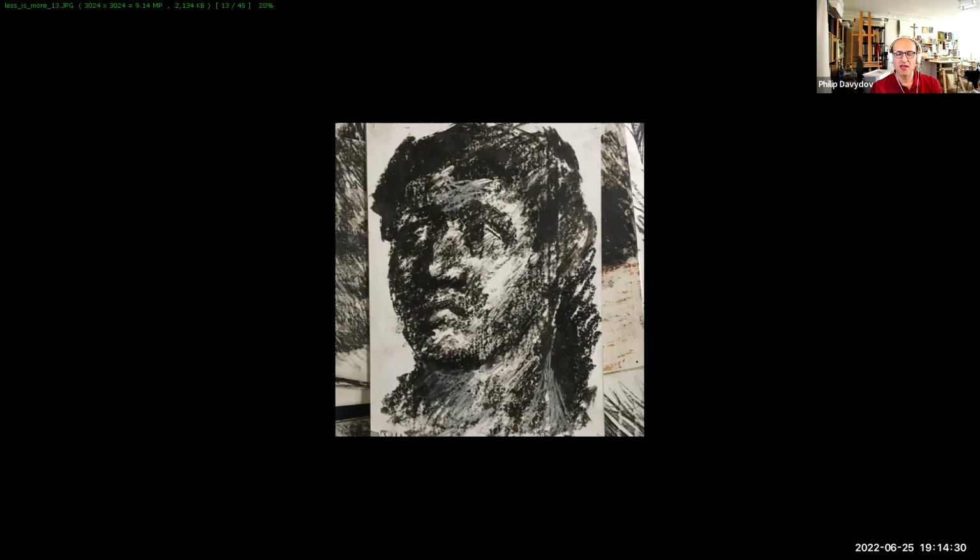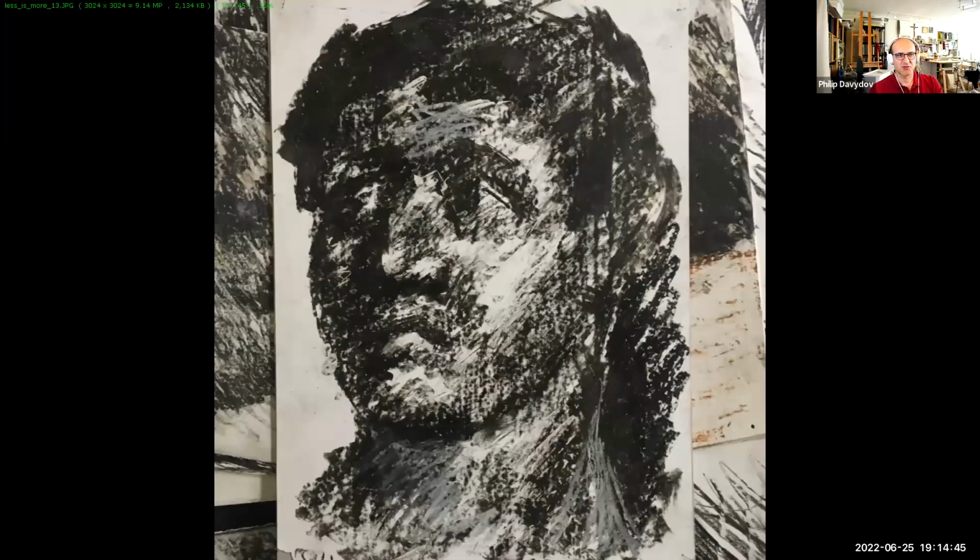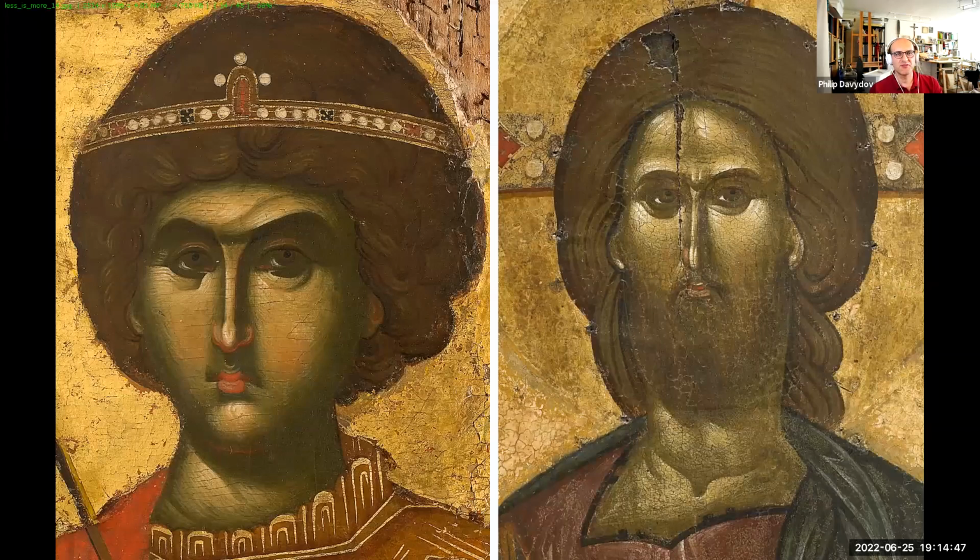Yes, this portrait is not neutral. It's demanding your attention. It's engaging with you and trying to communicate in some way. Yes, it's not just formally perfect. It's special.